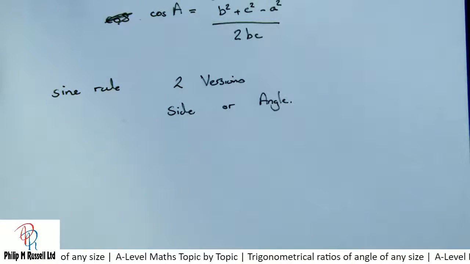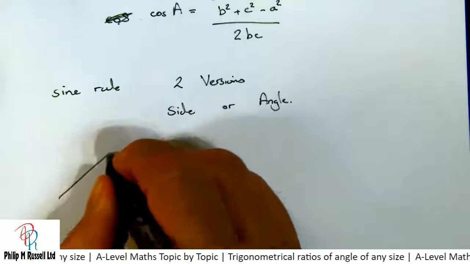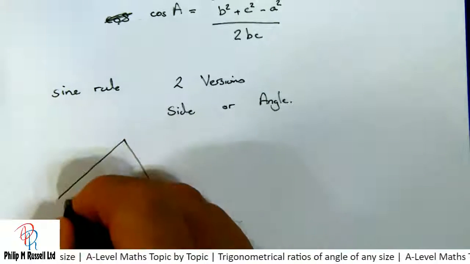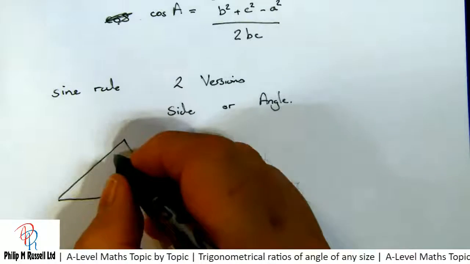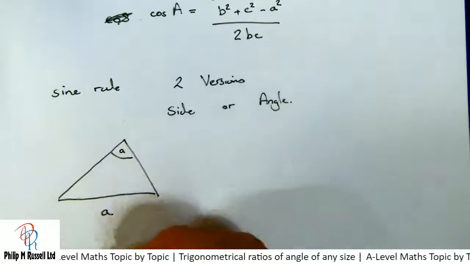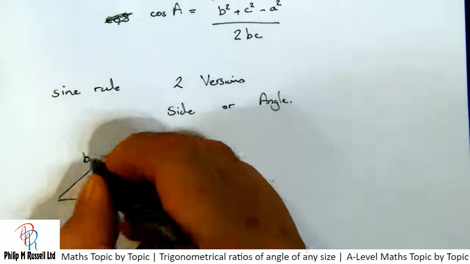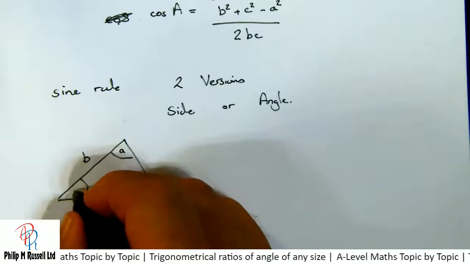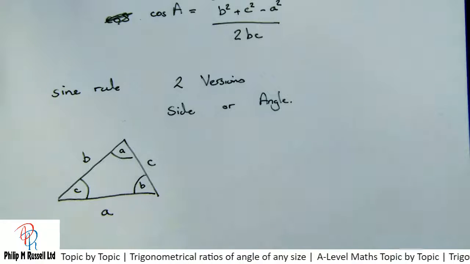If we're going to try and find a side, let's take again some sort of triangle. We're going to call this angle A, so this is going to be side A. If this is angle B, then this is going to be side B, and if this is angle C, this is going to be side C.